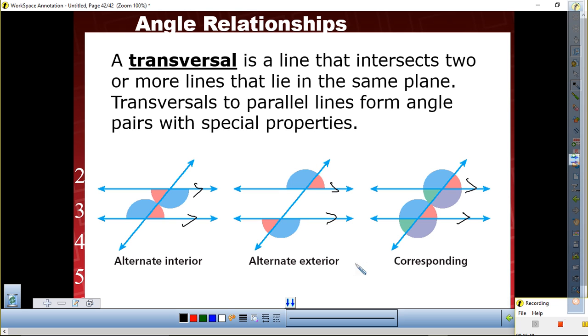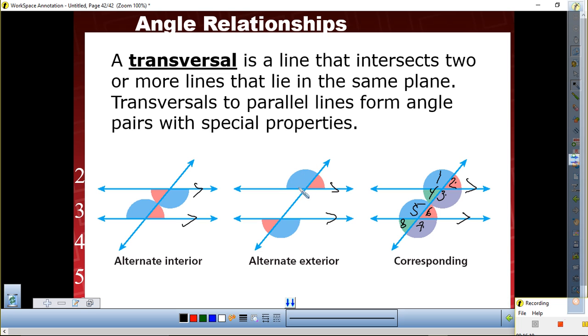The first one is that it creates corresponding angles. That angle 1, 2, 3, 4 will correspond to 5, 6, 7, and 8. It means that angle 1 corresponds to 5, which means it measures the same. 2 to 6, 3 to 7, and 8 to 4.